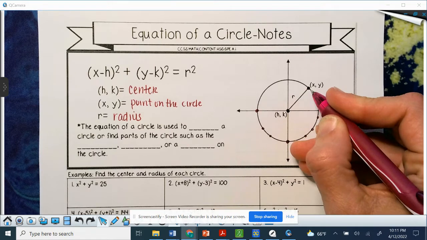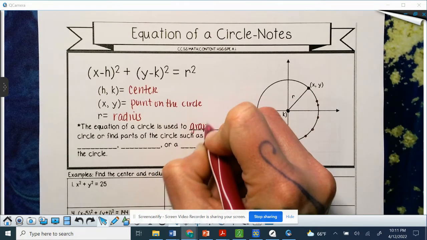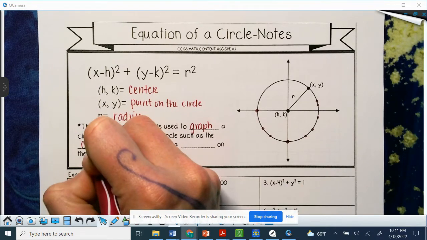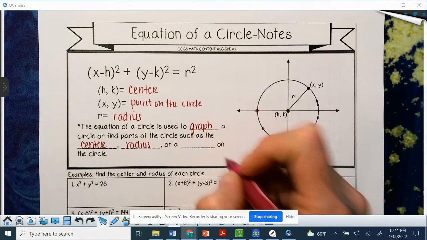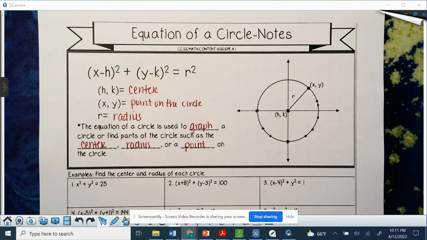The equation of a circle is used to graph a circle or find parts of the circle such as the center, the radius, or a point on the circle. So from that, (x minus h) squared plus (y minus k) squared equals r squared, you can answer questions about center, a given point, and the radius of a circle, and even graph it.